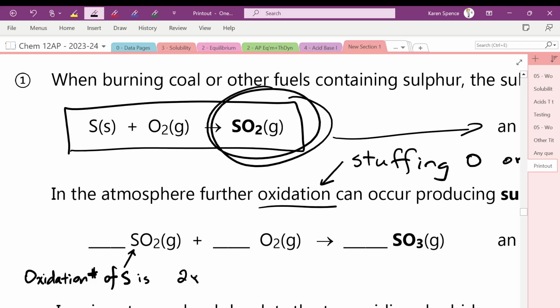We have 2 times oxygen, which is 2 times the normal charge of oxygen, -2, so that is equal to -4. So the oxidation number of sulfur is +4.